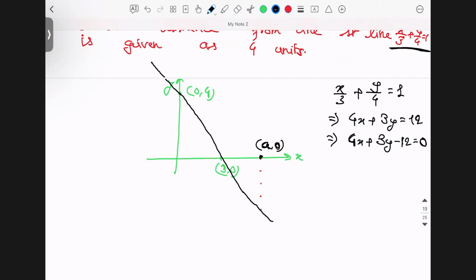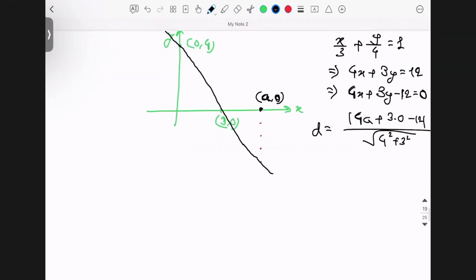So if I find the distance of this straight line from the point a comma 0, it will be the modulus of 4a plus 3 into 0 minus 12, divided by the square root of 4 square plus 3 square.